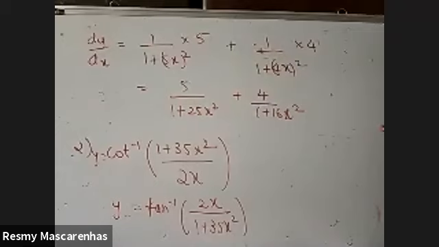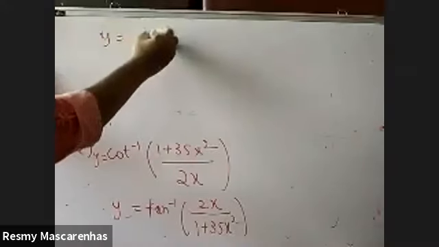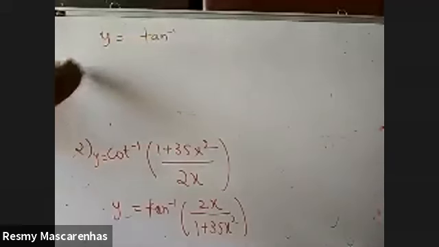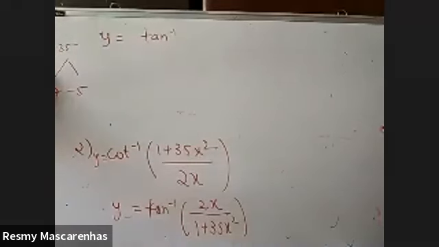Seven and five. Yes. So it will be 7 minus 5, no? The answer is 7 upon 1 plus 49x minus 5 upon 1 plus 25x square. Correct? Yeah, correct. So 35 is split as 7, 5. Since I want to get 2, it will be minus 5.